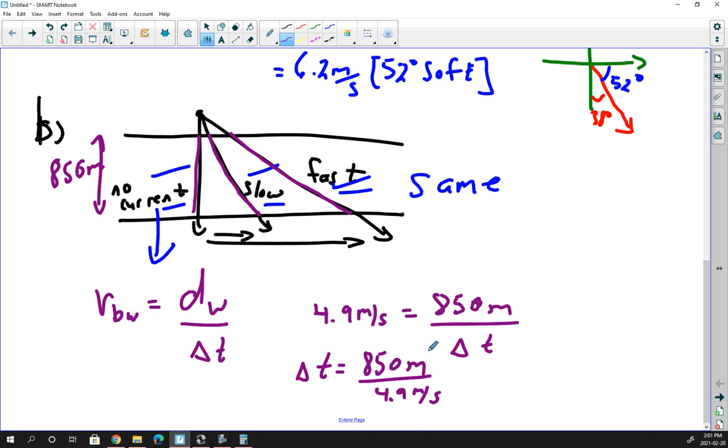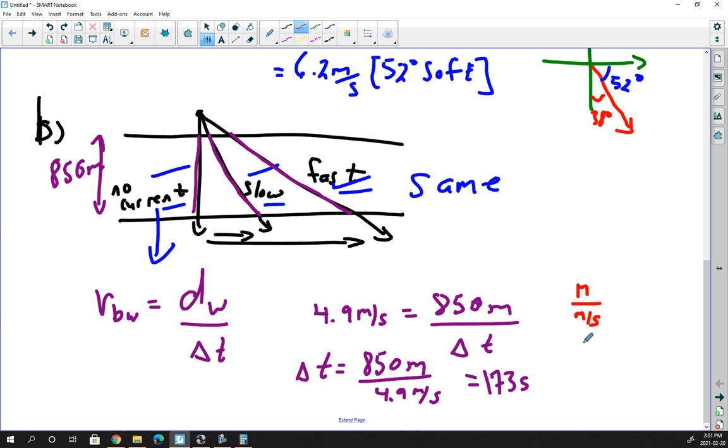All right, so we're going to calculate that. So this is 173 seconds, give or take. Well, how did I get seconds out of that? Well, look, I got meters in the numerator, meters per second in the denominator.